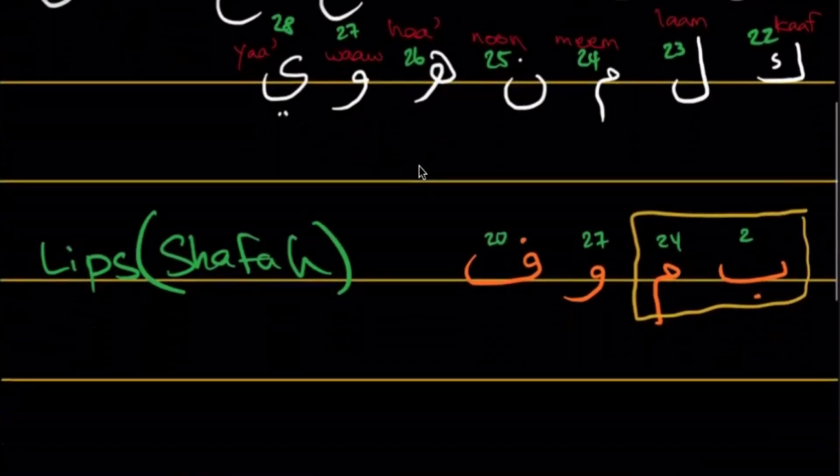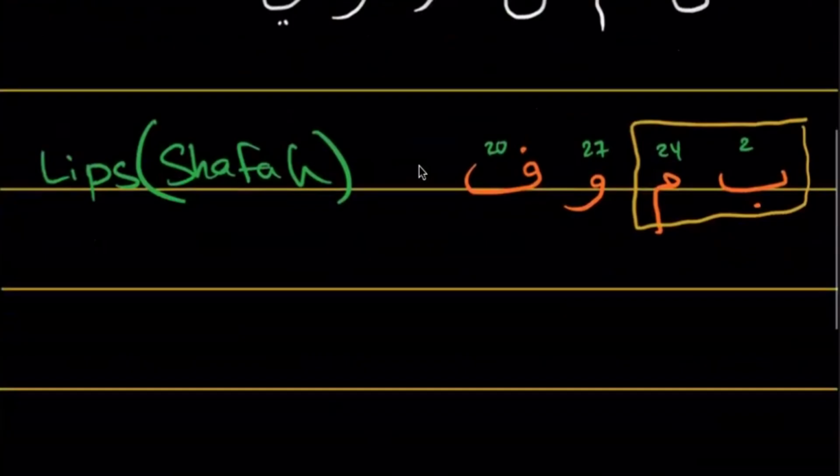Question. Is noon written like half a circle or is it similar to ba? Noon is almost like half a circle. It's not really like half a circle. It has its own shape. Something like this. Notice here the angle of the curves.